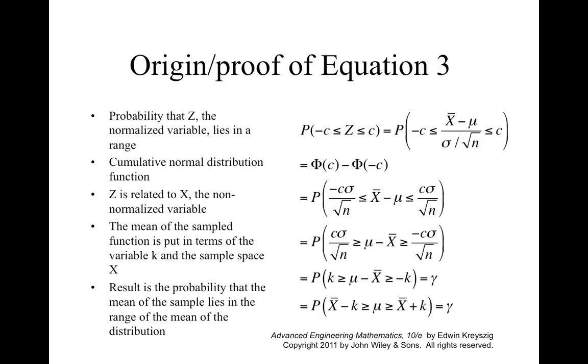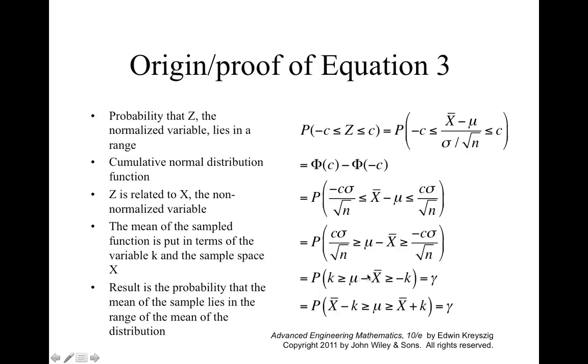Okay, well, you can prove this equation. I have done some math here to show you how that equation is derived. If you have some variable z and you want to find the probability that that variable lies between minus c and c, remember z is our shifted scaled x. So if you substitute for z in terms of x and then do the algebra, what you find is that your mean minus x is related to your lower bound and upper bound of your range by the standard deviation and the square root of the number of samples.